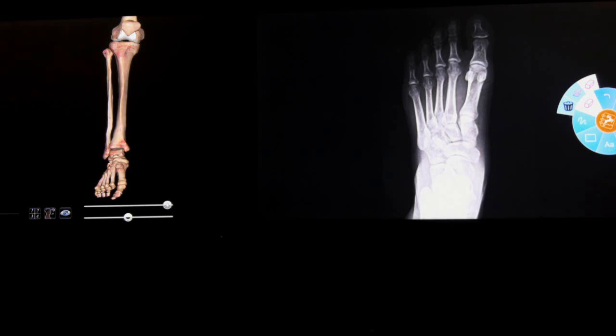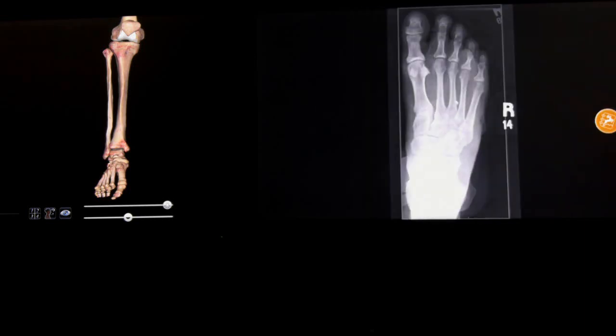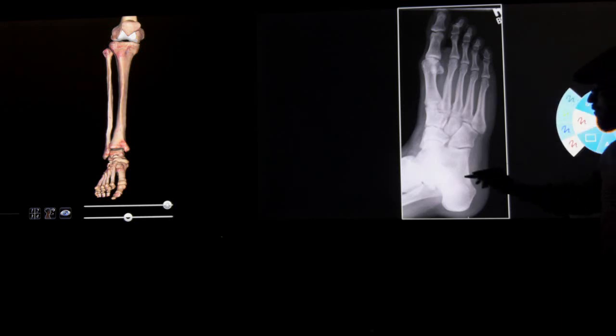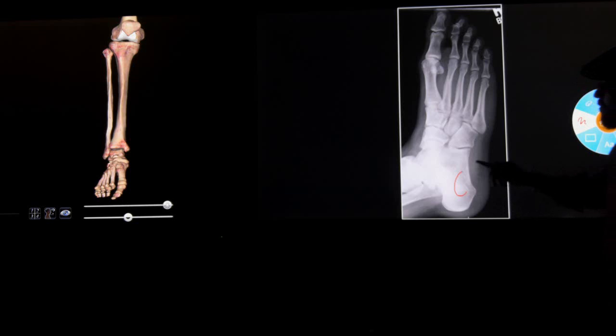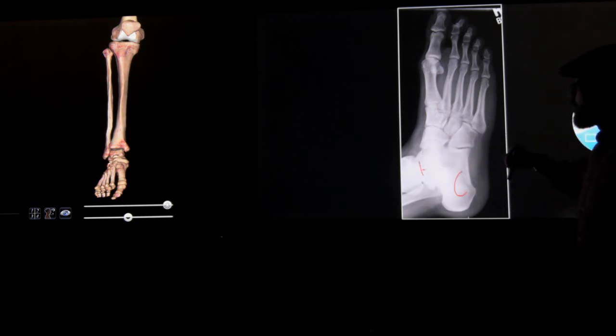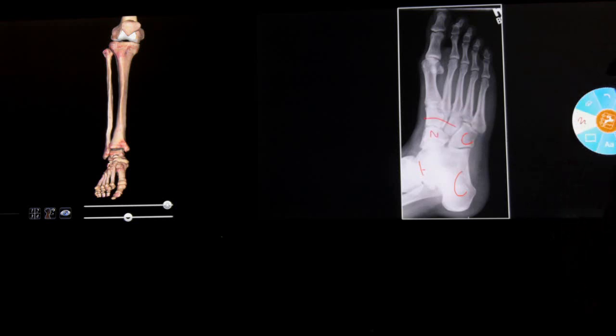Let me go to a different image. Let's go to an oblique. You can see them a little differently here. Again, calcaneus, come. The talus is up here. Cuboid is Colorado. Next, 3 Christmases. Okay?